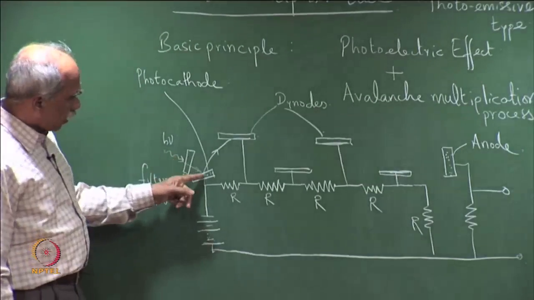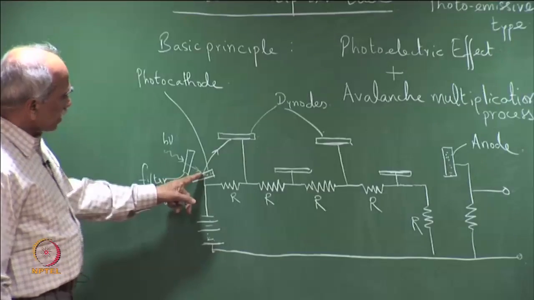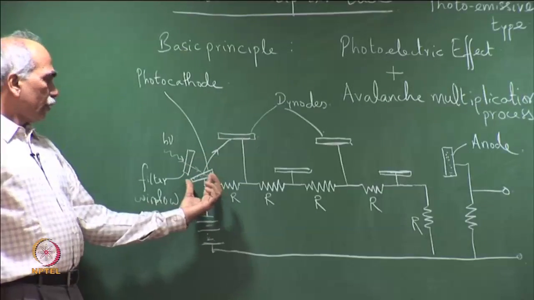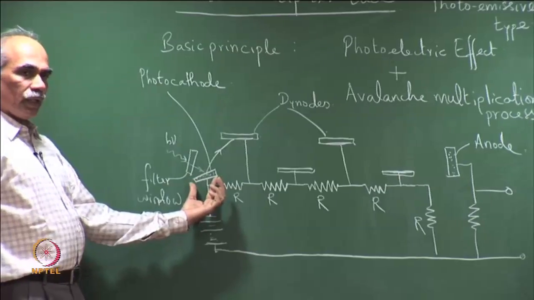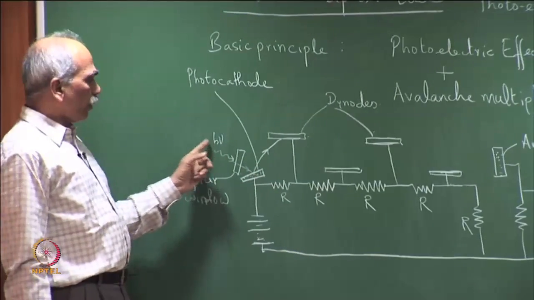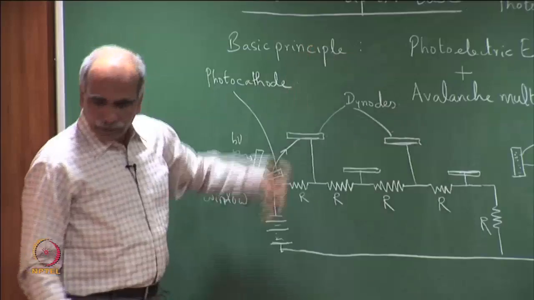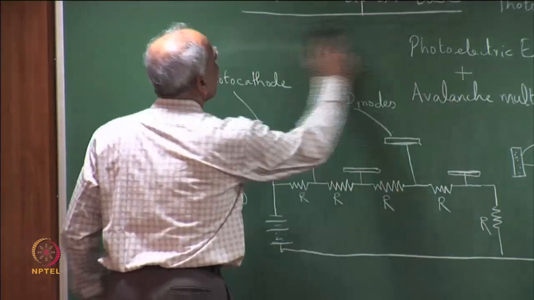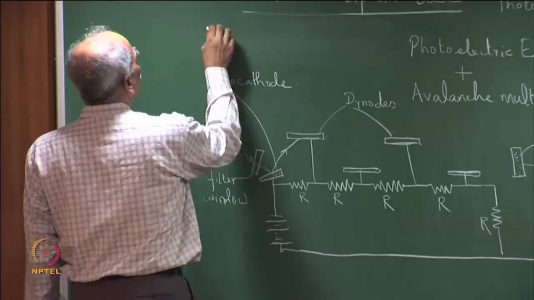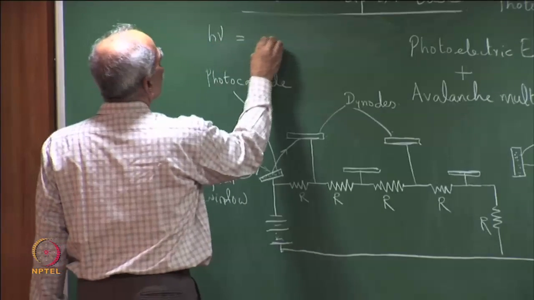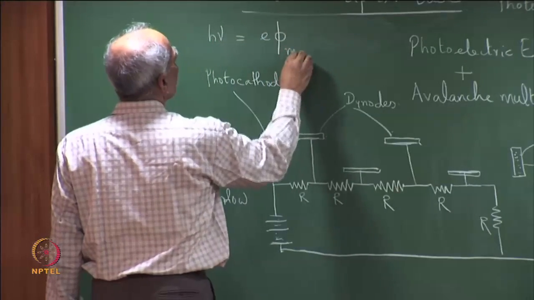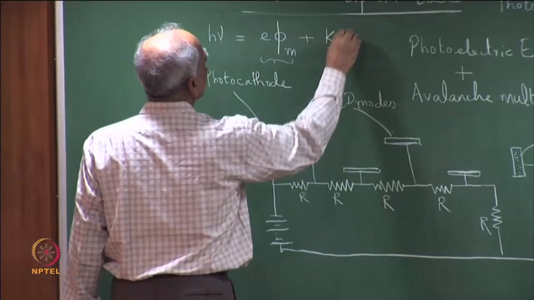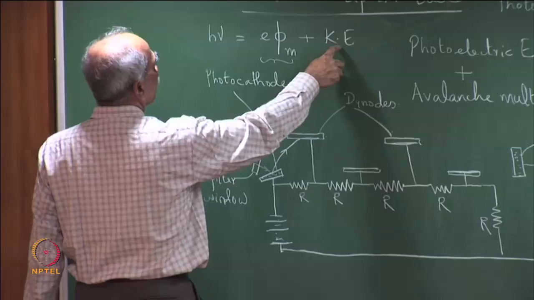The incident photon releases a photoelectron provided the work function of the photocathode is smaller than the photon energy. This is the basic equation of the photoelectric effect: h nu is equal to the work function, e phi m or W, plus the kinetic energy of the electrons.